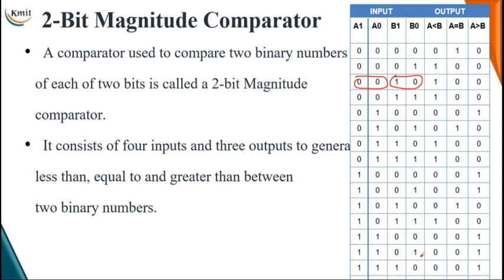Upon determining their output function values, we have to write the SOP expression of all the 15 combinations.